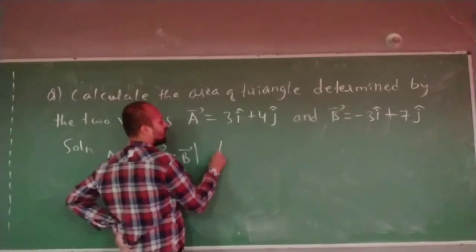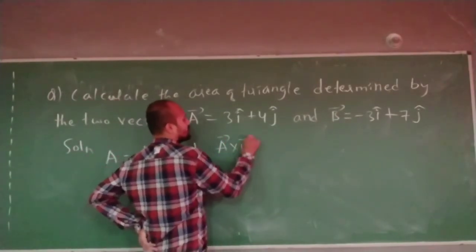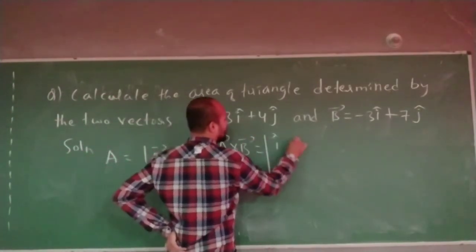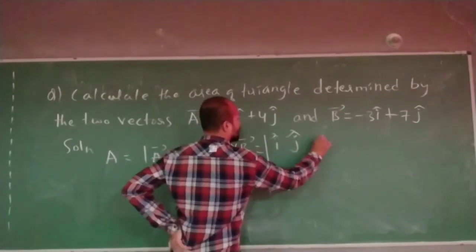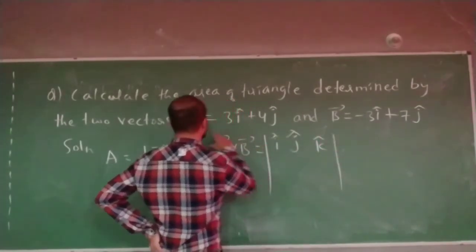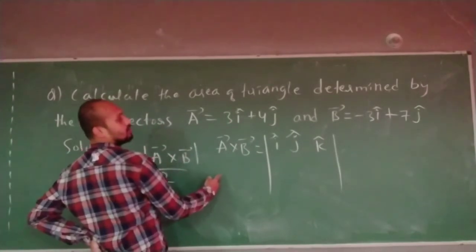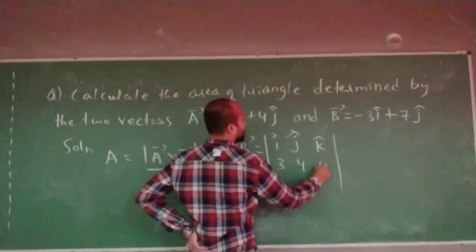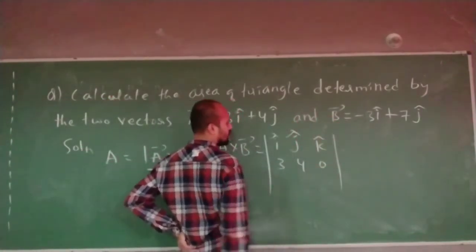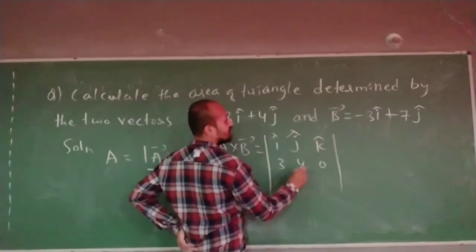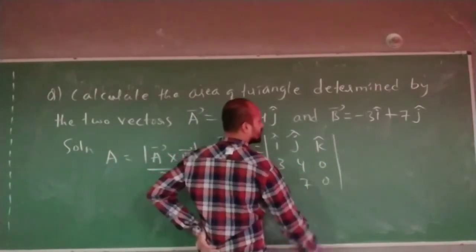So first we shall find A cross B. I cap, j cap, k cap. Again same thing: 3, 4, 0, since k cap is not there, and 3, 7, 0.